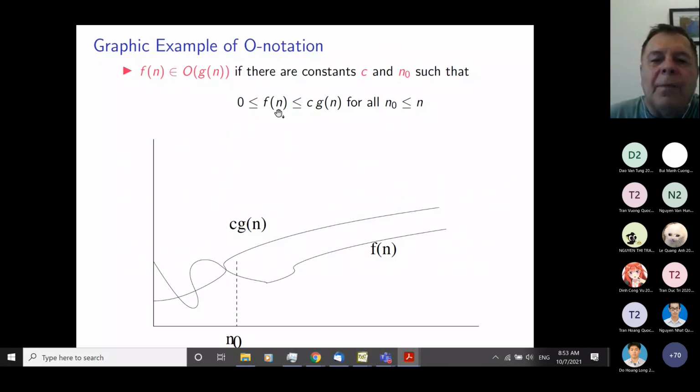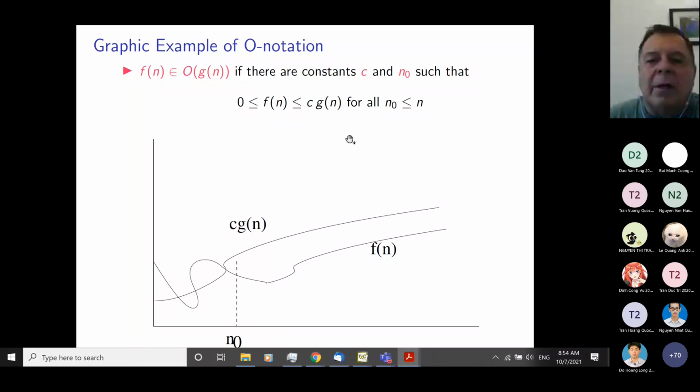So we have f(n) that is in omega of g(n). If the running time of the algorithm has this polynomial expression, f(n) is smaller than c·g(n) for some value of c greater than 0 and some value of n0, beyond which g(n) is greater than f(n).